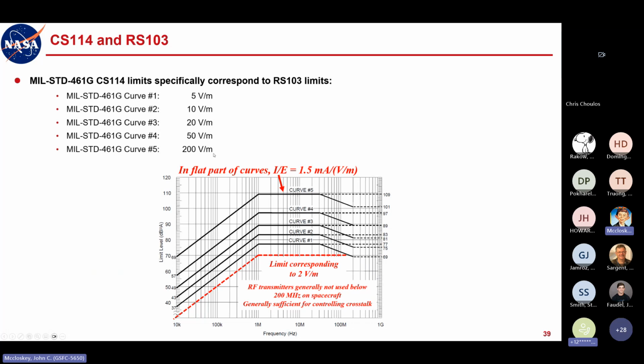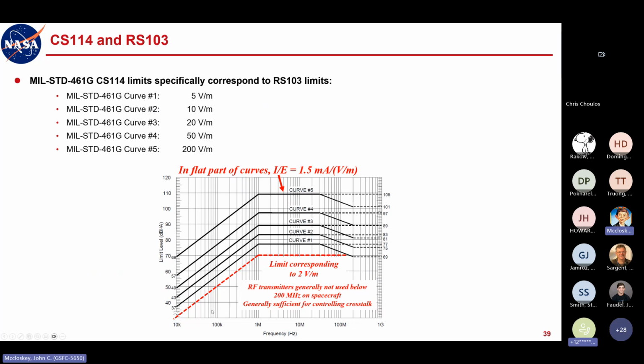So that's a very significant electric field. But that's at 110 dB microamps, so that's 300 milliamps, right? 1.5 milliamps per volt per meter. And so the lowest one in the mill standard, curve number 1, corresponds to 5 volts per meter.